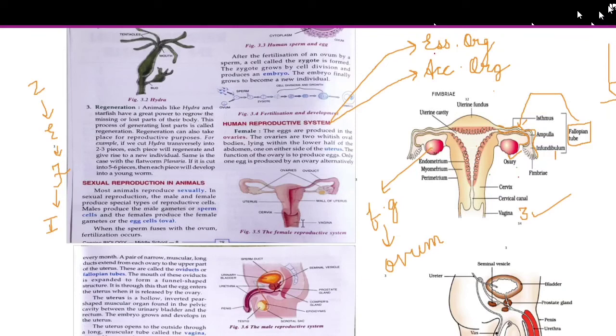Here you can clearly understand that the vagina is a narrow, long muscular structure. It is in the form of a tube, and it is the region which receives the male penis during the process of copulation, and it is the actual part where the semen is deposited.